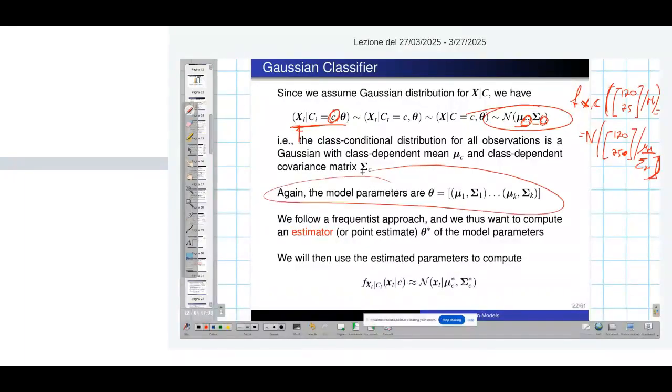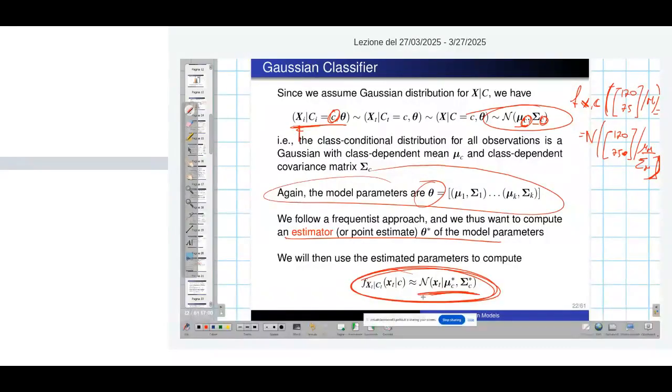The set of all parameters, we call it theta just for simplicity. What we want is to find an estimate of theta. Once we have the estimate, we'll use it to compute the class conditional density.